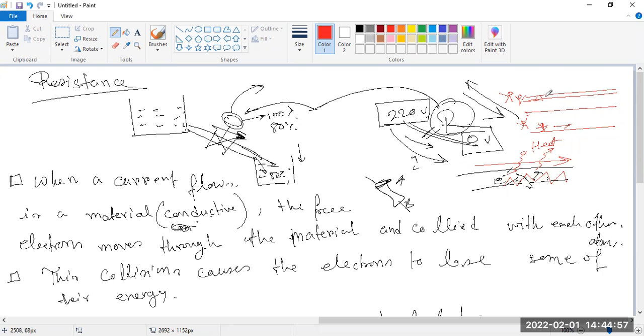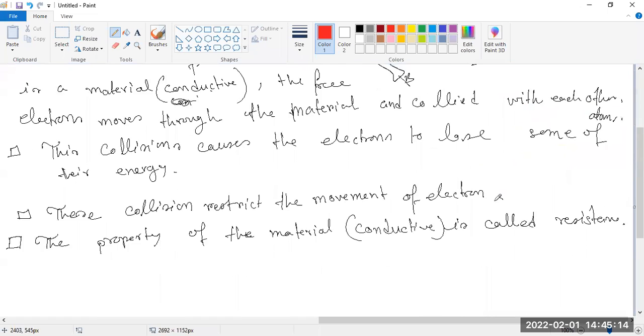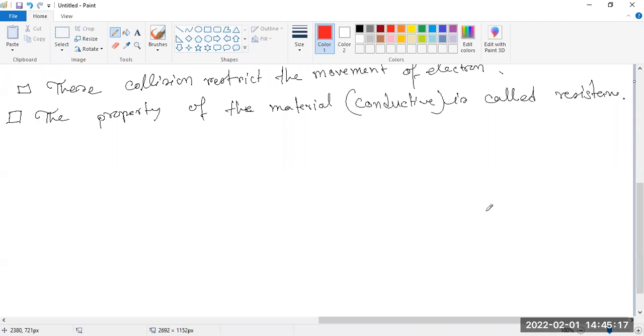Due to this collision, the resistance or restriction will increase. But on a broad road there is no collision. Just like this, whenever a 100 ampere wire is used. And this is denoted as R, and just remember, this is the resistance.